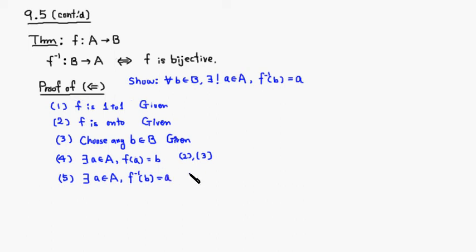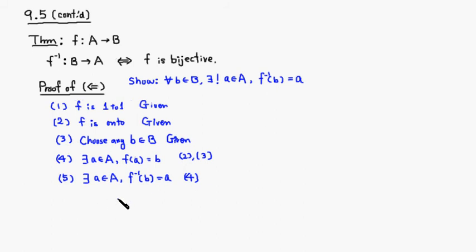So this is 4 and the definition of inverse relation. So we could show the existence, just existence, part of this proof, right?